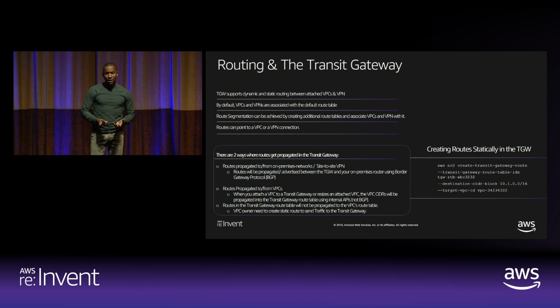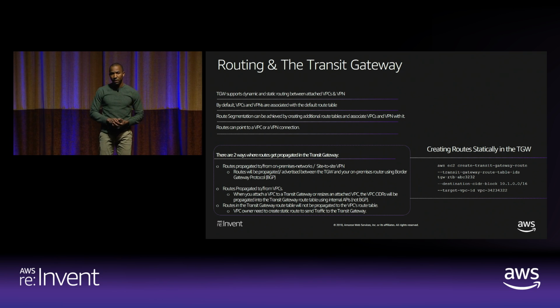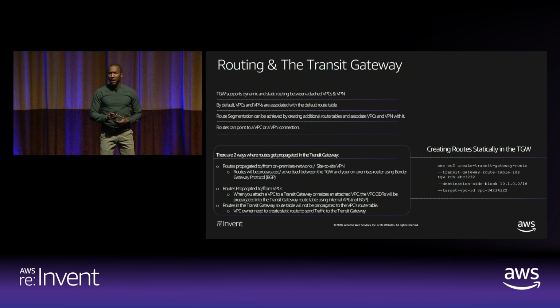Now, once you've defined that, whatever VPC is associated with your transit gateway propagates its routes to the route table that it's associated with, which by default is a default route table. What does that mean? What routes do they actually send? The routes that each VPC sends is a local route that exists within their environment, their VPC route tables.